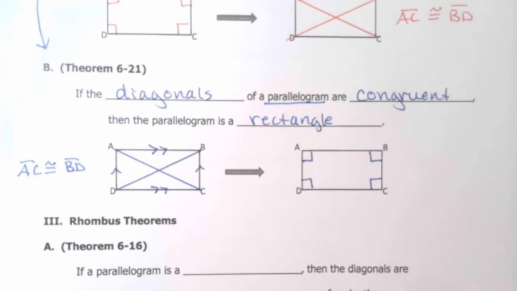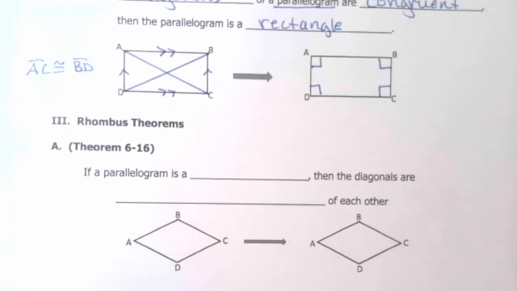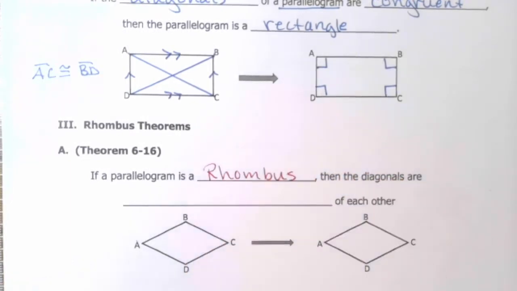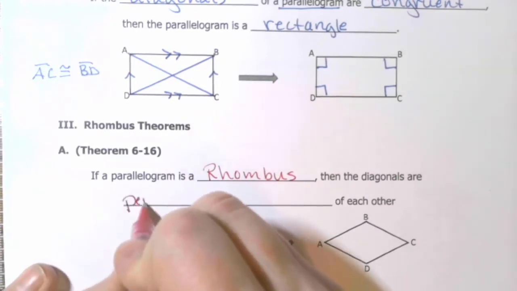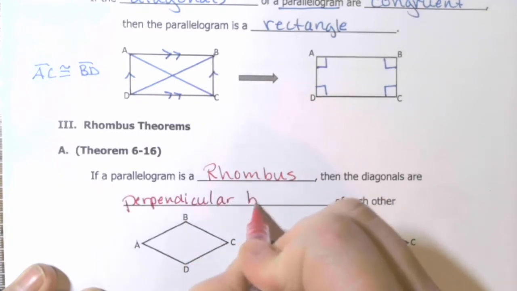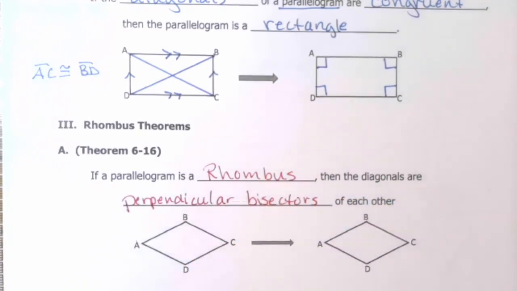Let's now go to the rhombus theorems, 616. If a parallelogram is a rhombus, then the diagonals are perpendicular bisectors of each other.